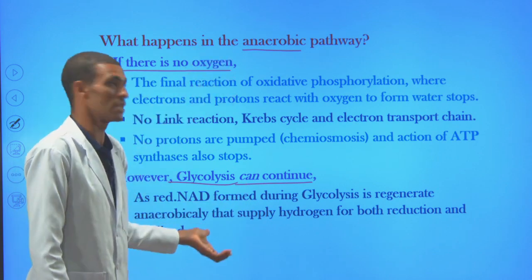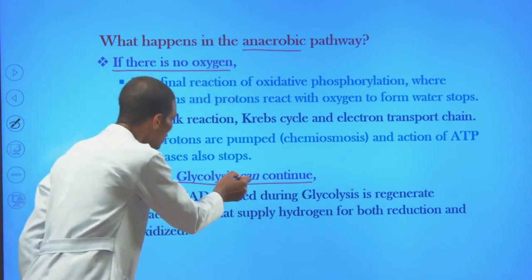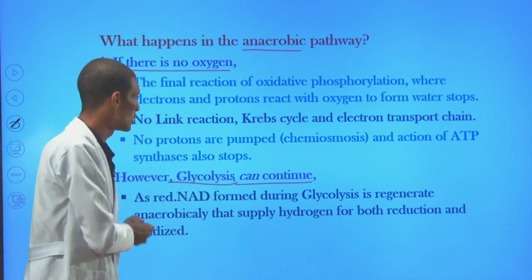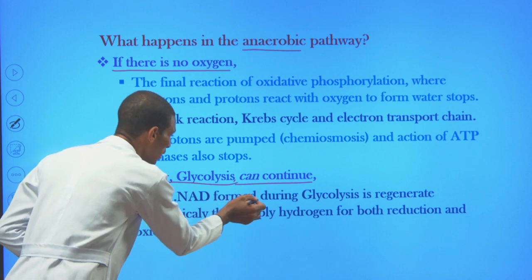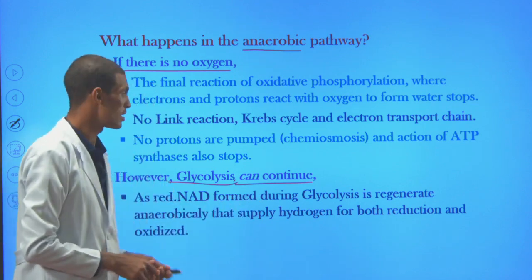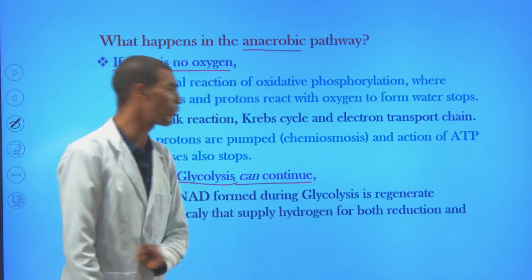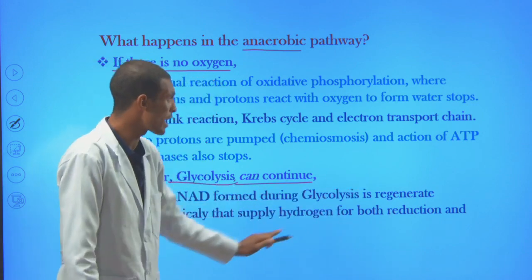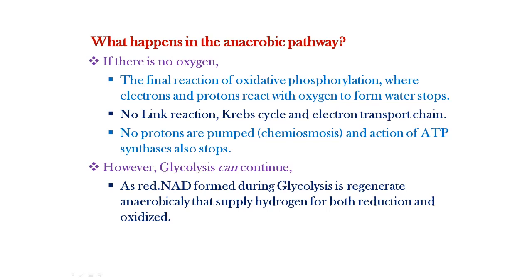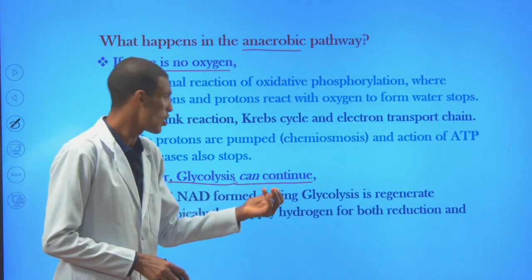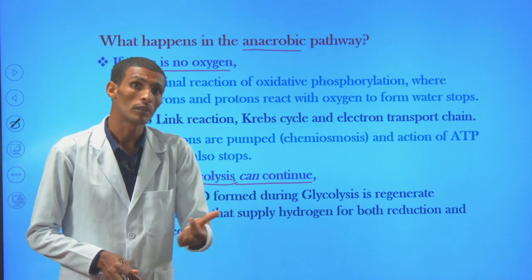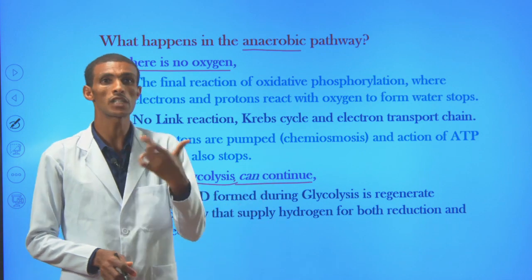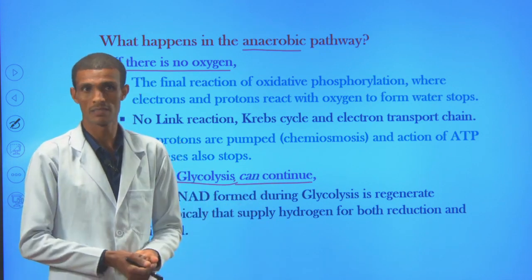In the absence of oxygen, it continues in the cytoplasm of the cell, where there is production of reduced NAD that continues under the glycolysis pathway for the regeneration of hydrogen supply for both oxidation and reduction. Earlier, if a coenzyme became oxidized in one step, it could transfer to another step in reduced form.